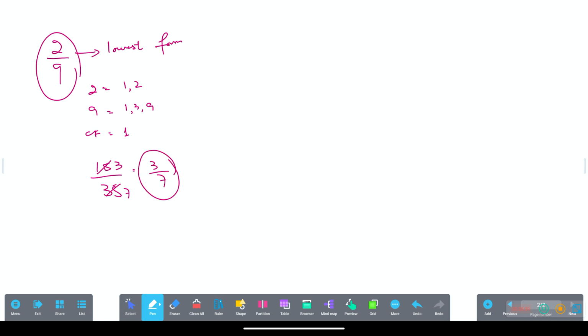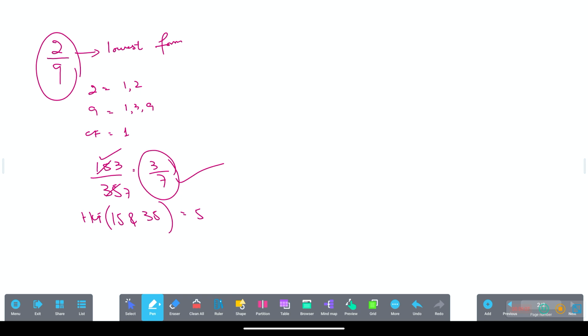It means you are doing cancellation in only one step, so you are cancelling by the highest common factor. The HCF of 15 and 35 was 5. We have done the cancellation by 5 and directly got the simplest form, 3 by 7, or we can call it lowest form, which can't be cancelled further.